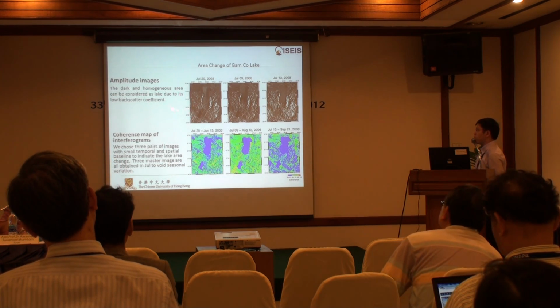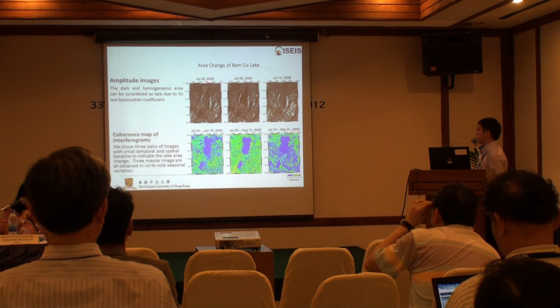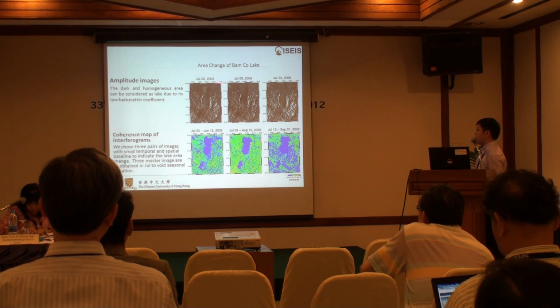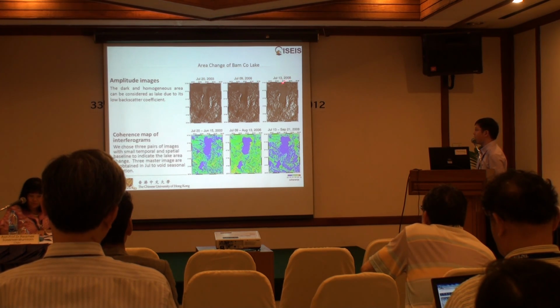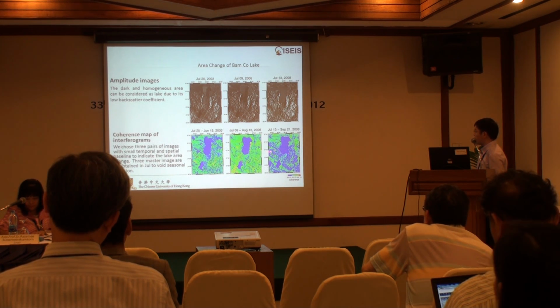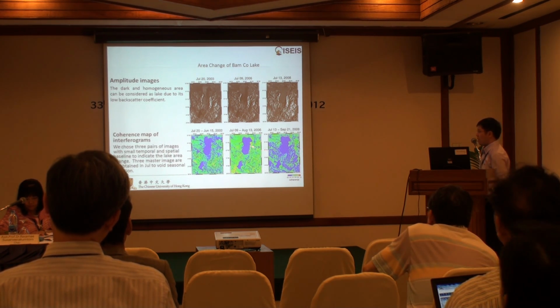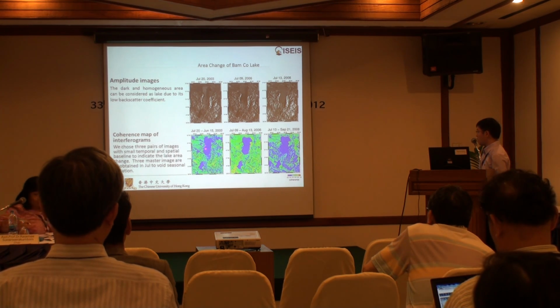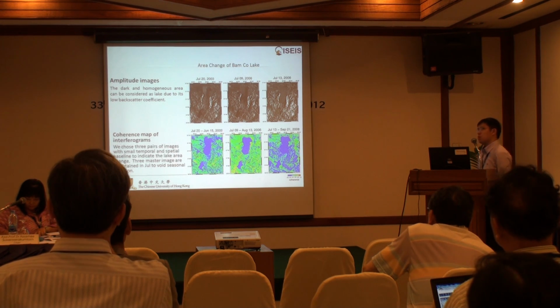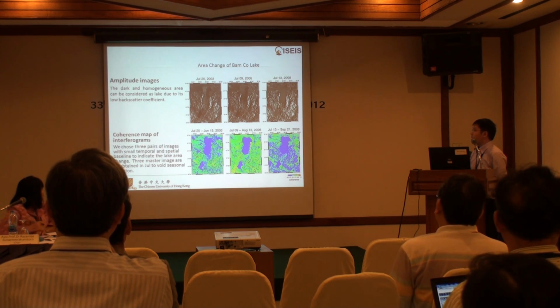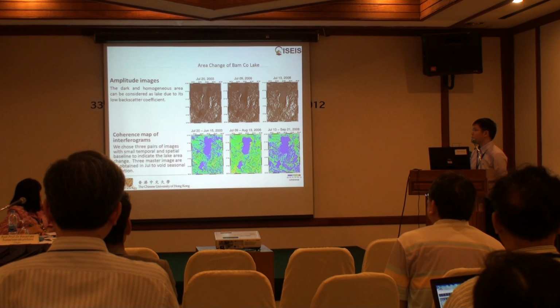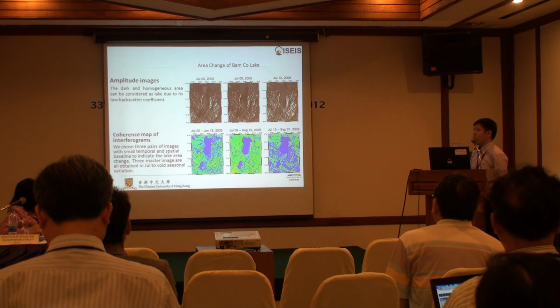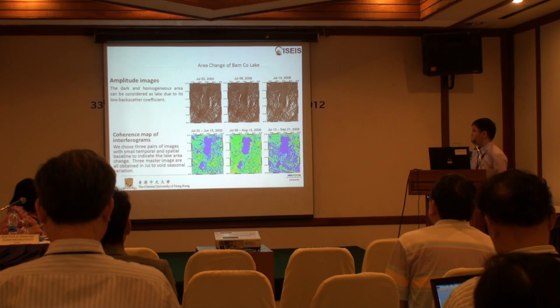In this slide, we could see the amplitude images acquired in July in 2003, 2006, and 2008. And in the below right, this is the coherence map of the images. The blue area means low coherence, because when a SAR image is co-registered to another, it will produce a parameter called coherence.